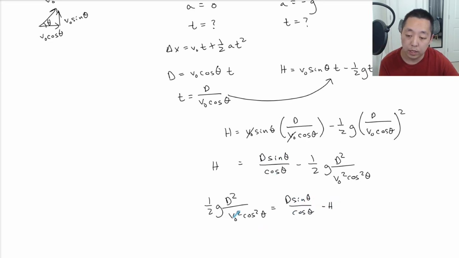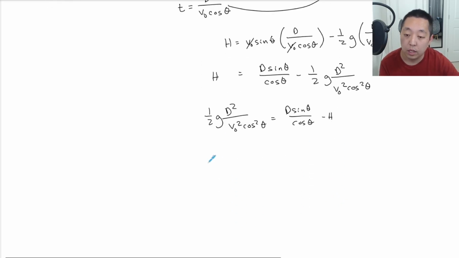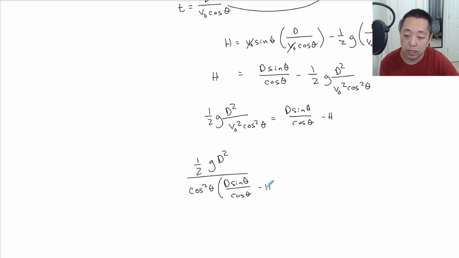And then I'm going to move the v0 squared up and move that stuff down. So I'm going to get 1/2 g d squared divided by cosine squared theta, times all of this I'm bringing down, d sine theta over cosine theta minus h, is equal to v0 squared.